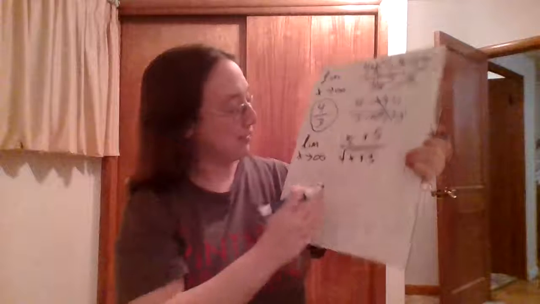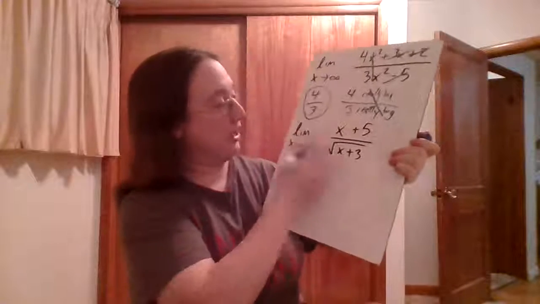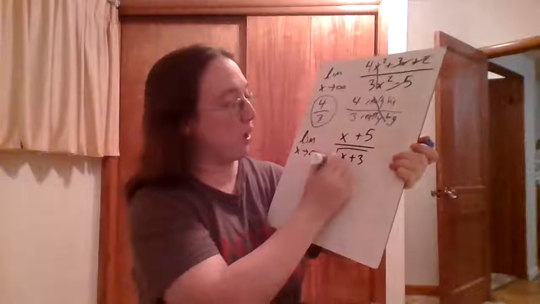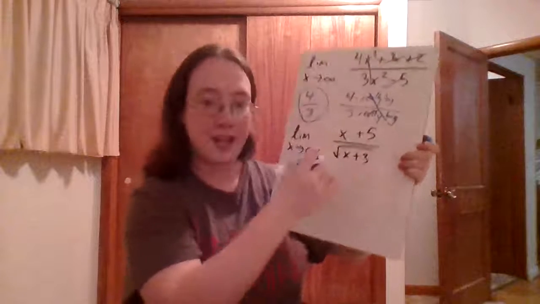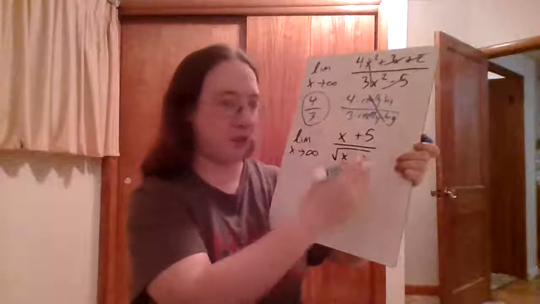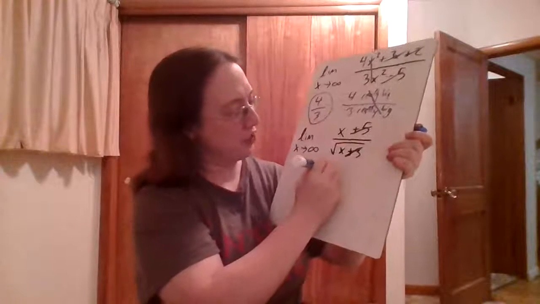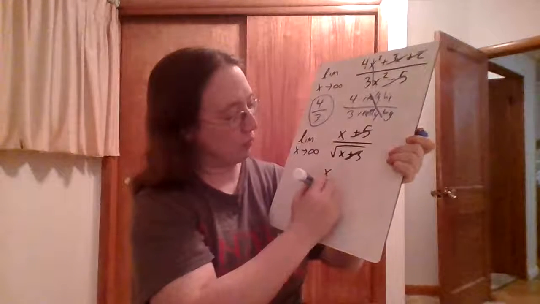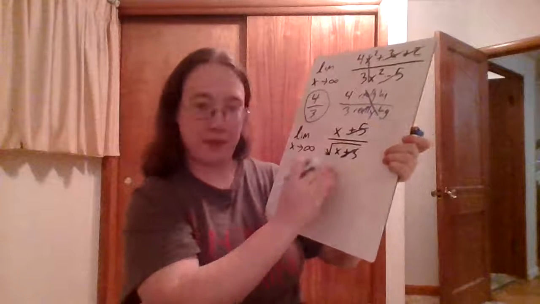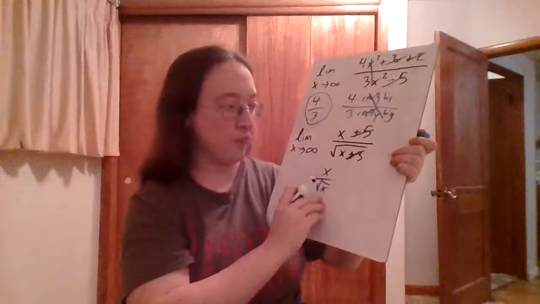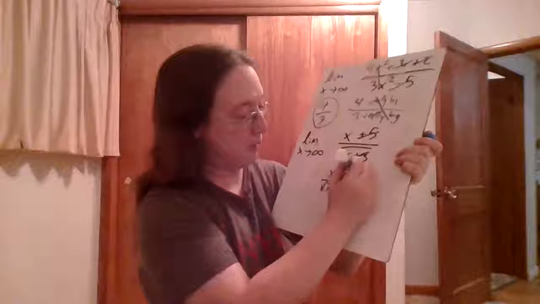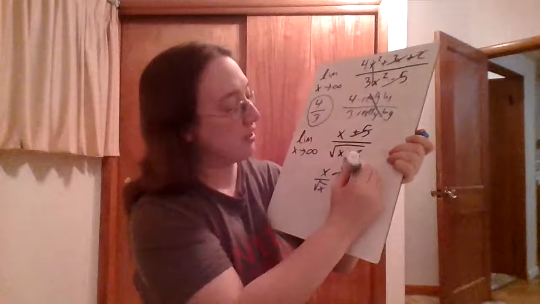Okay, let's do one more of those. So, we want the limit as we're approaching infinity of x plus 5 over the square root of x plus 3. And again, the bigger and bigger this gets, the less this 5 and the less this 3 are going to matter. So we've really just got x over the square root of x. And if we have something really big and the square root of that something, this is going to be getting bigger faster.